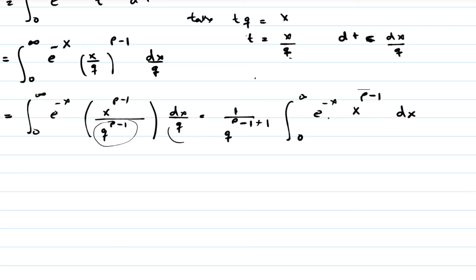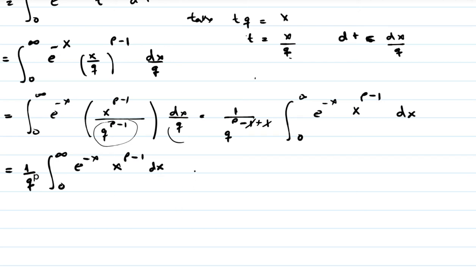So now we have found our expression which conforms to the definition of the gamma function. As you can see here, this is minus 1 plus 1, so this is going to become 1 divided by q of the integration from 0 to infinity of e raised to minus x, x raised to p minus 1 dx.